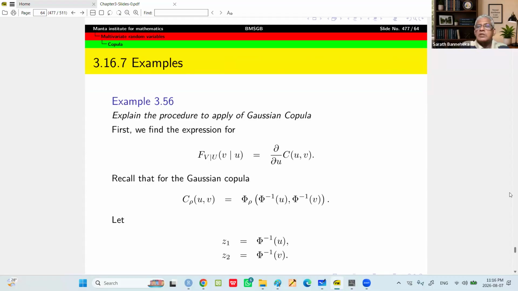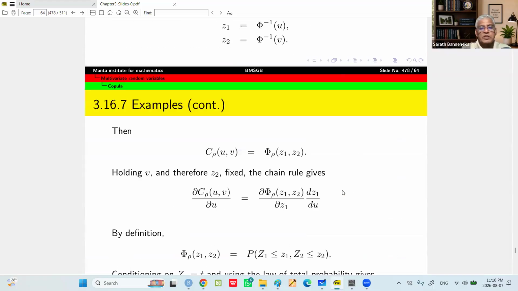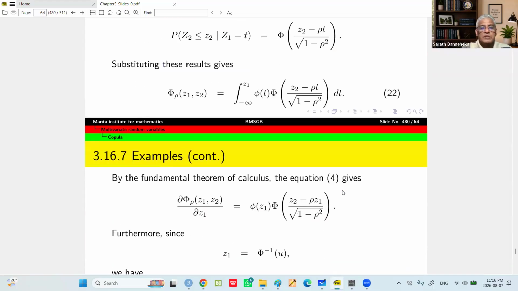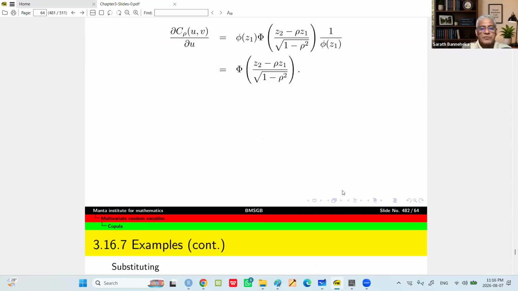So in the last video, I gave you the theory required to generate data using a Gaussian copula. One important thing is that we need to get an expression for the conditional distribution, conditional CDF of V given U. And I showed you the expression that we derived after several steps.